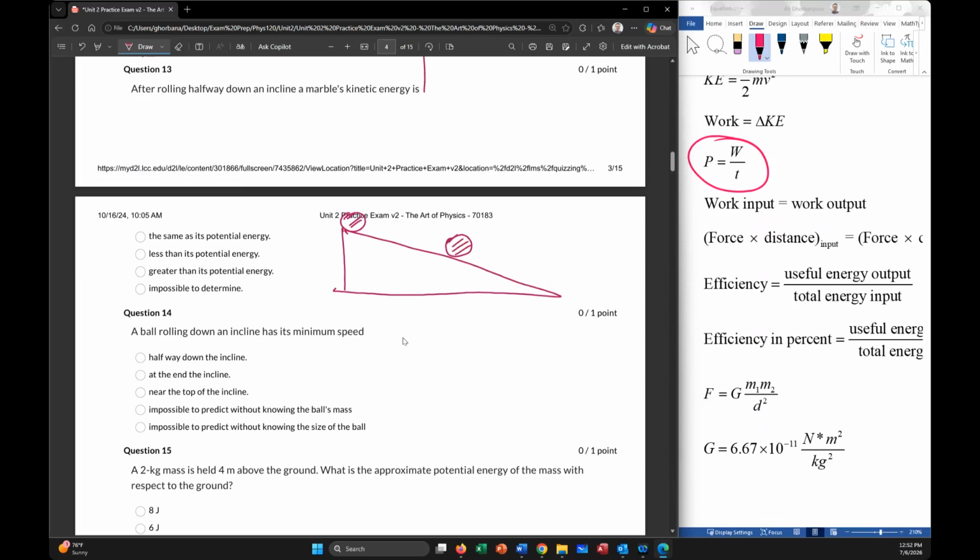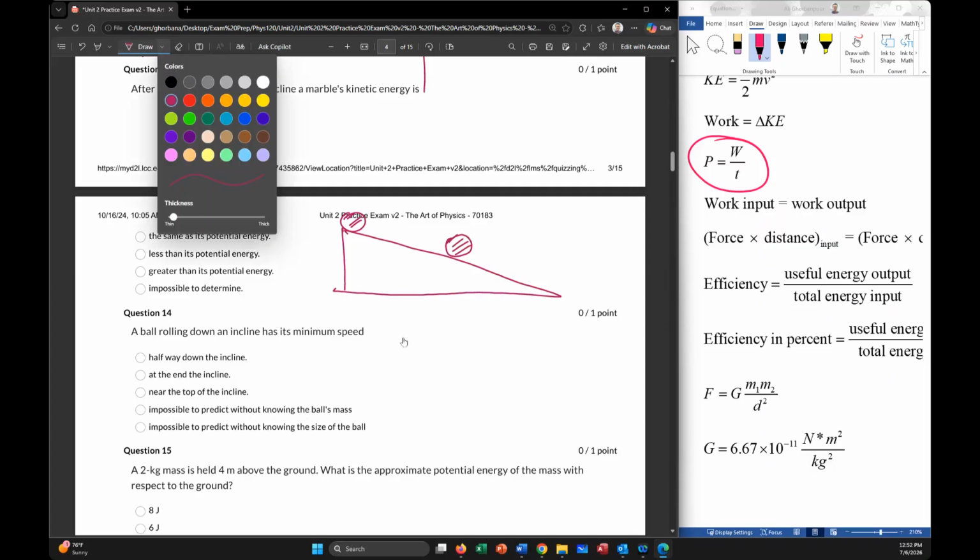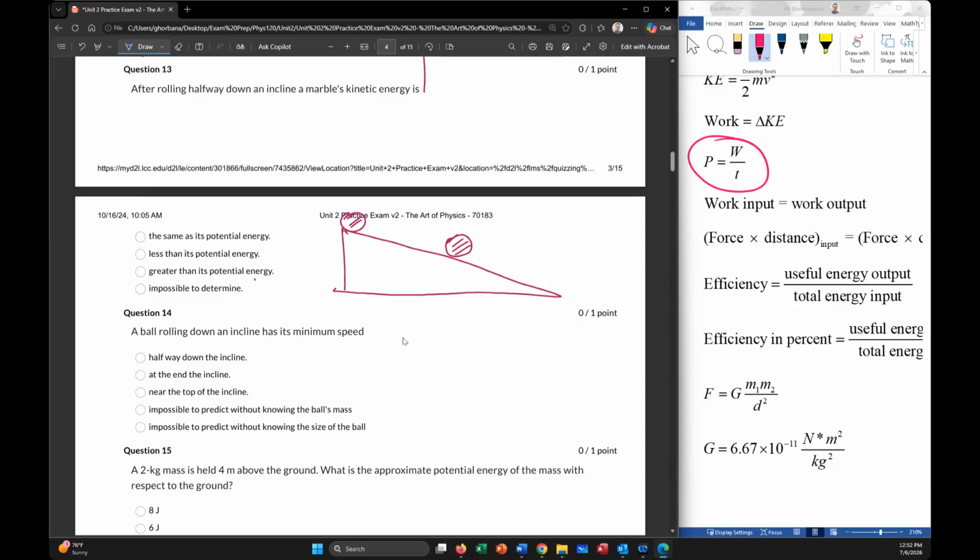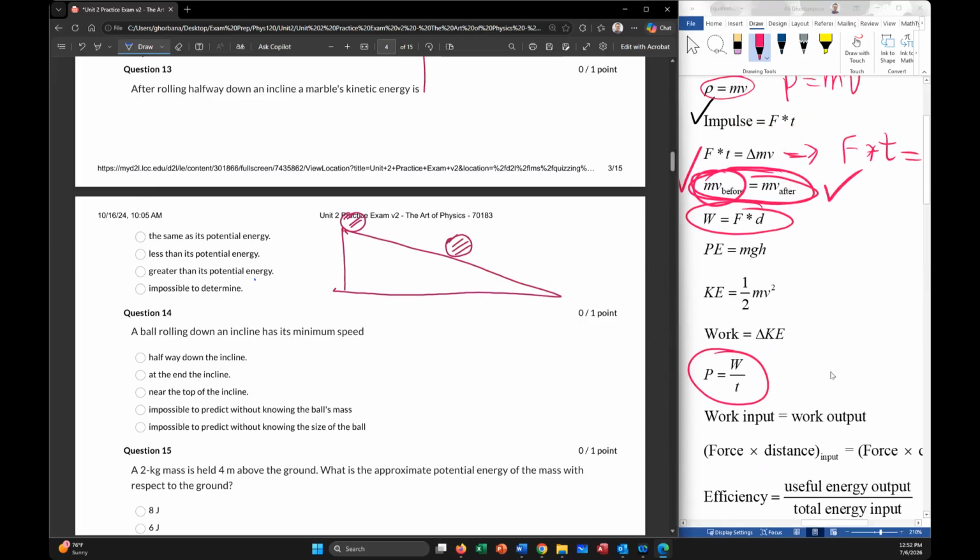Is it zero? No, not zero. We have a potential energy, because the object is above the ground. This is potential energy, mgh. You are h meter above, so your energy is mgh.